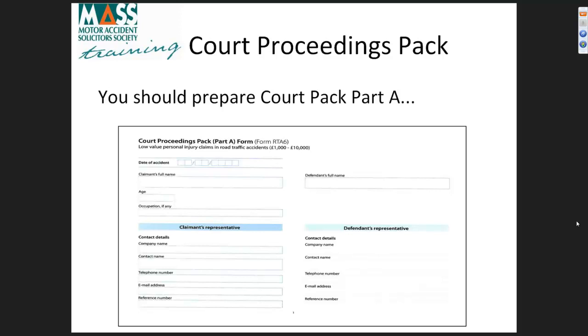So once you've reached the conclusion of the negotiations, you send this court pack A. They don't have to respond. If they don't respond, it's taken as agreed, which is obviously fantastic news, because that means you can just crack on. So the evidence that needs to be submitted can't be anything further than what's submitted at stage 2.